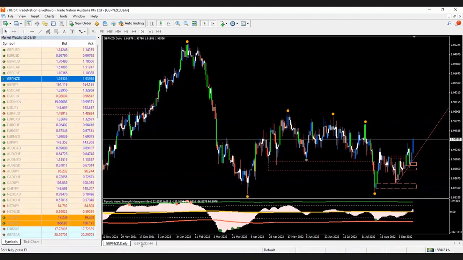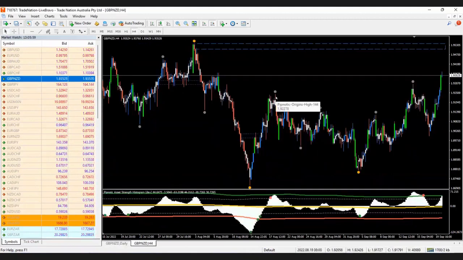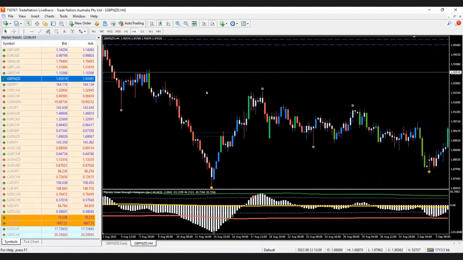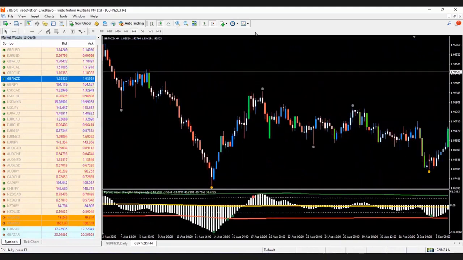Keeping that in mind, we focus on this price structure here, and this is where the boxing comes in. So if I can use these drawing tools. What I like to do is draw a box from the low to the high of this swing, and the swing goes up to here.